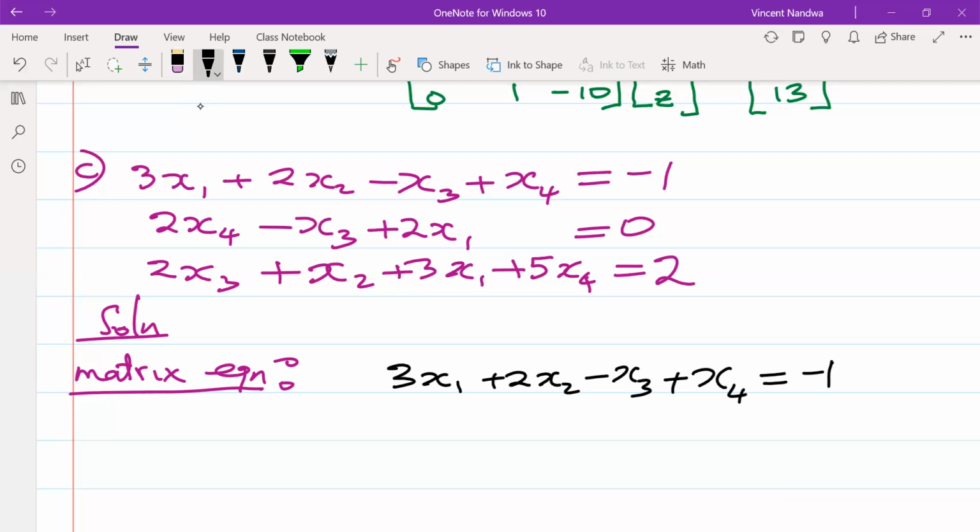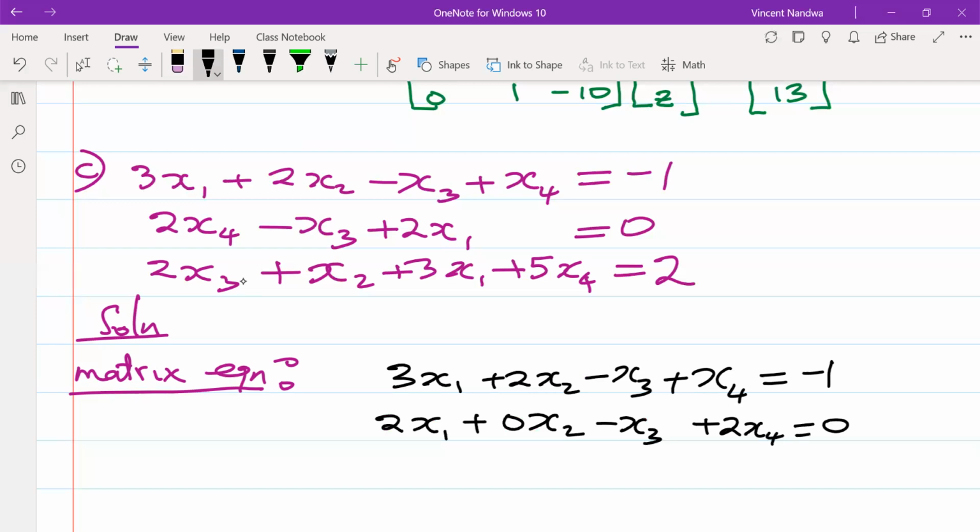And then how should I rewrite the second equation? Correct. Because now, remember, we have to have uniformity the way we're writing our system. So if the starting variable is x1, all the equations should be starting with x1. So I'll have 2x1 plus 0x2 because there's no x2, minus x3, and then plus 2x4 equals 0.